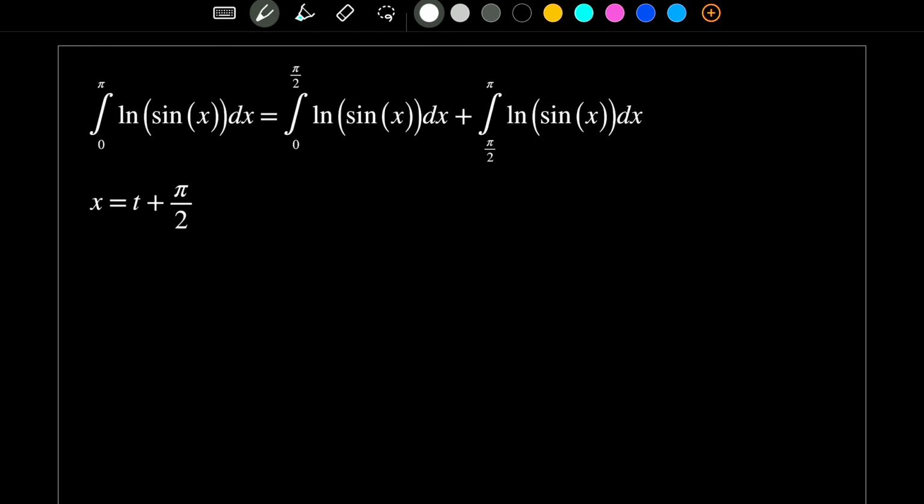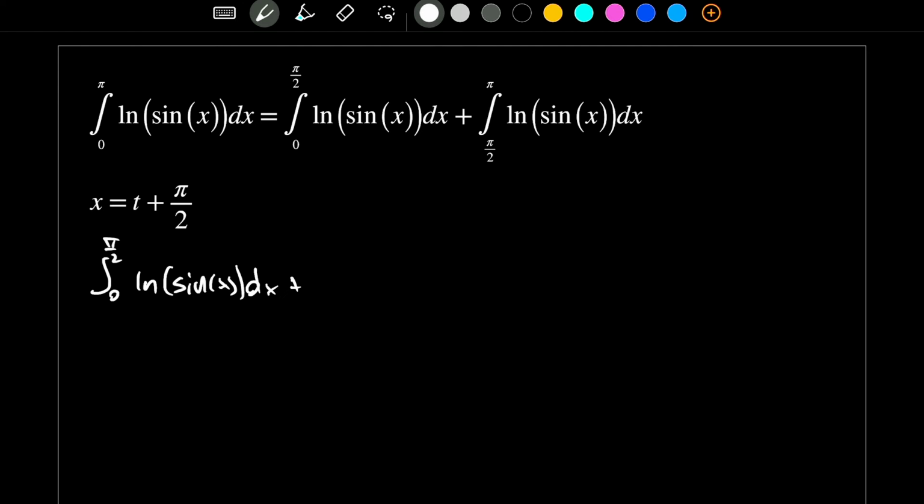So first of all, we're going to rewrite our first integral: the integral from 0 to pi over 2 of the natural logarithm of sine of x dx plus, and then the bounds are going to change. What happens when we plug in x equals pi over 2?